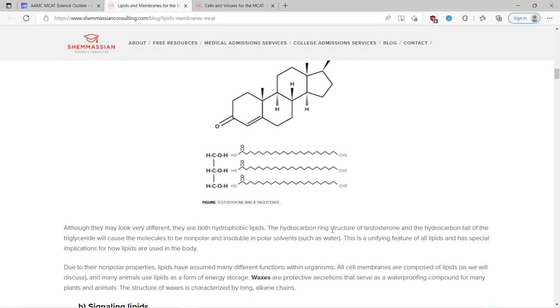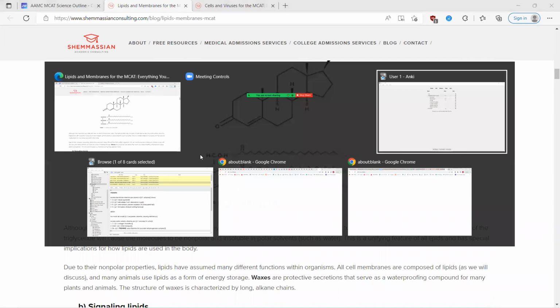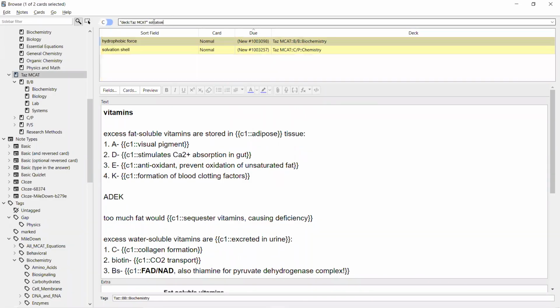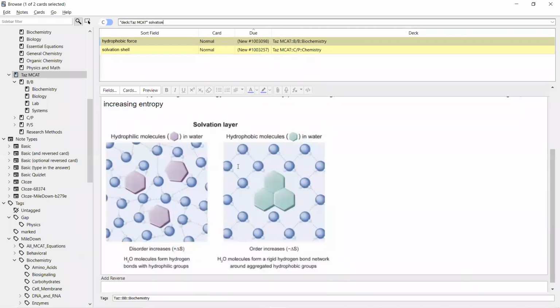The hydrocarbon ring structure of the testosterone and the hydrocarbon tail of the triglyceride cause these molecules to be nonpolar. So a long carbon chain or a big carbon ring is nonpolar because of the solvation shell.